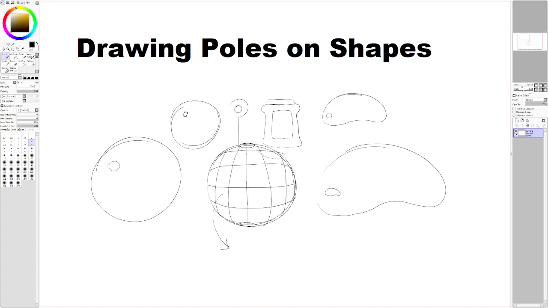as you've seen on a map, if you ever looked at a globe, I'm drawing this completely from memory, so I have no idea if I'm doing this right.